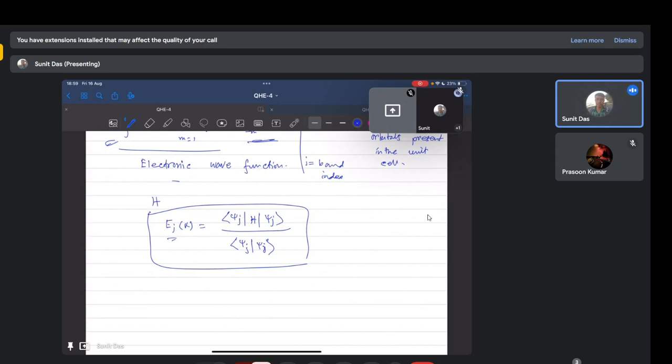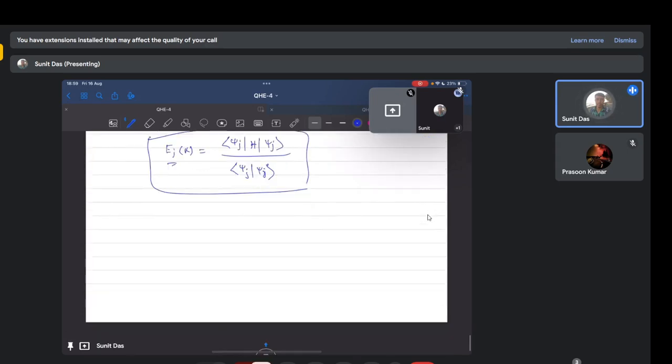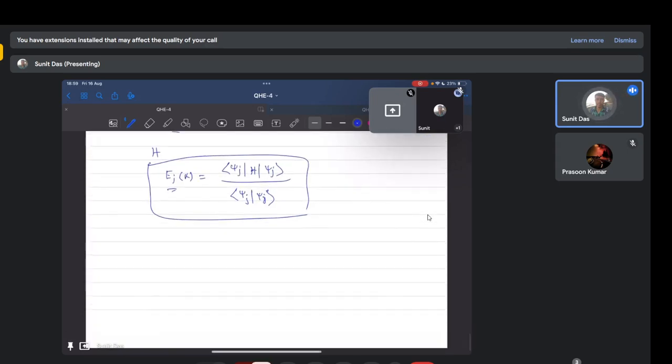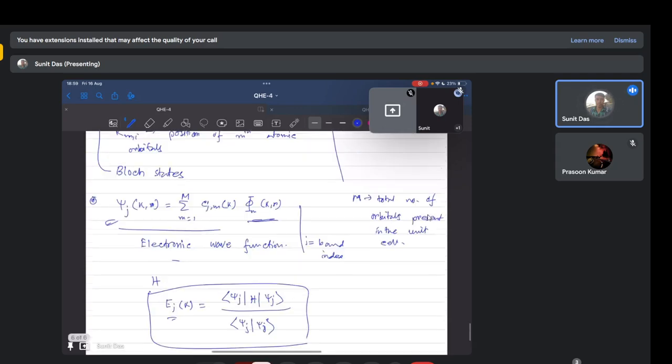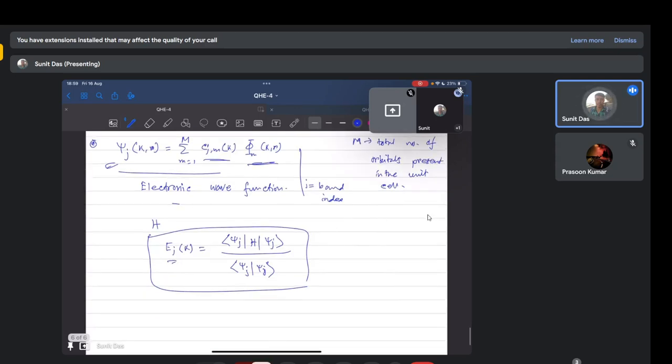and the process is not complete yet. Here we need to minimize the energy with respect to the coefficient Cj. So we need to minimize the energy with respect to Cjm to find the equilibrium energy. So this is a kind of minimization problem.